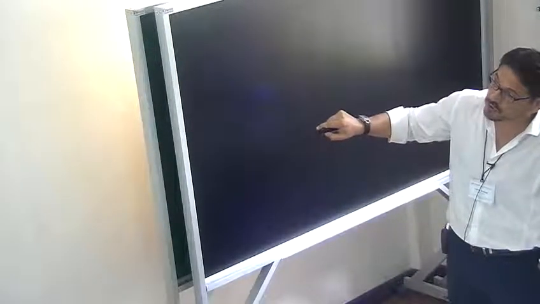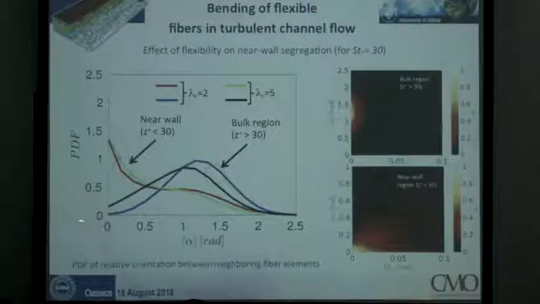Here I'm showing you 4 different lines. These 2 lines refer to different aspect ratio fibers in the near wall region, within a fluid slab of 30 wall units thickness. And here the PDF is relative to the same 2 aspect ratios, but only considering fibers that are in the center region of the flow.